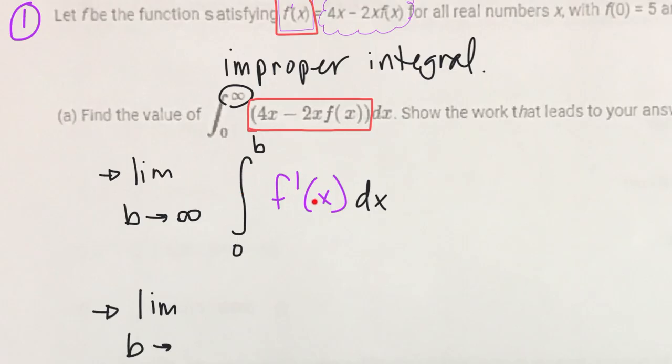at its most basic level, what is the integral of a derivative? What is the antiderivative of a derivative? That's just the function. The antiderivative of a derivative is the function.